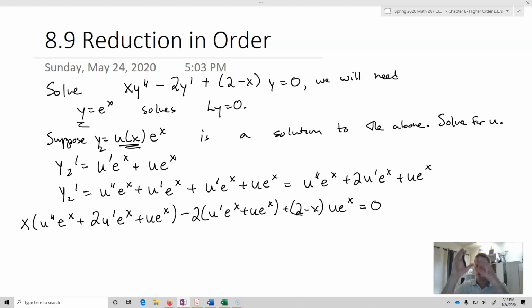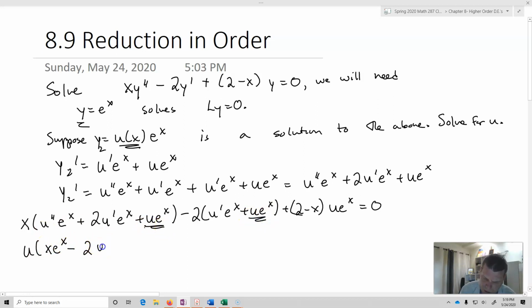So let's first group all of our u's together. This gives me u times (x e to the x minus 2 e to the x plus 2 minus x e to the x), because here's the last term, e to the x.